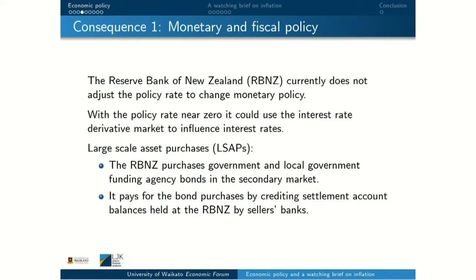But instead, the Reserve Bank has started to purchase government bonds and Local Government Funding Agency bonds in the secondary market. And the Reserve Bank pays for these bond purchases by crediting settlement account balances that are held at the RBNZ by settlement banks.